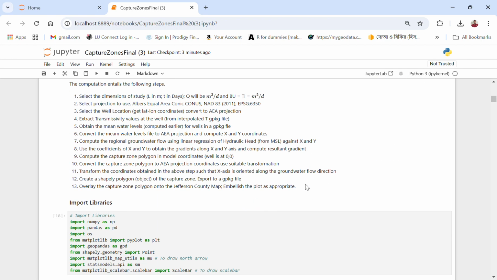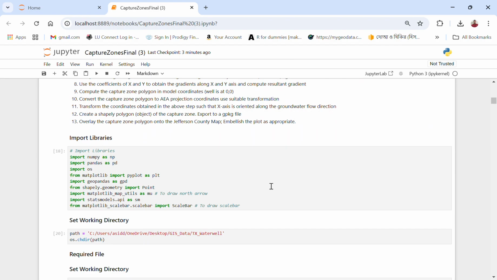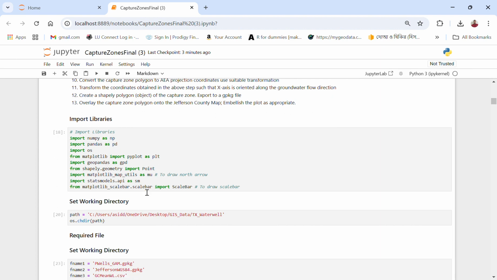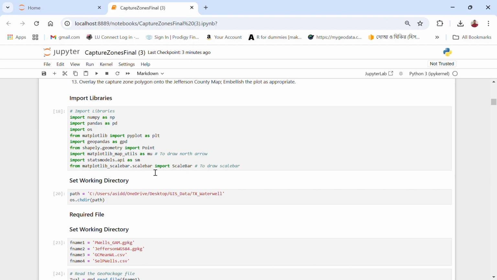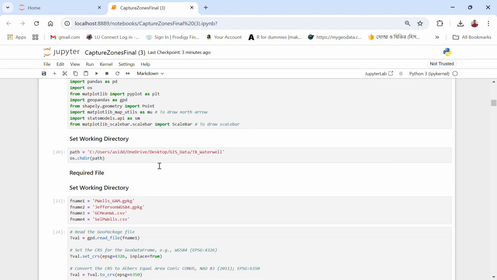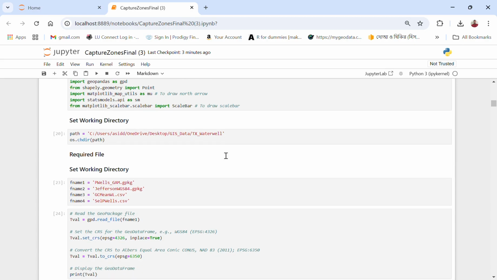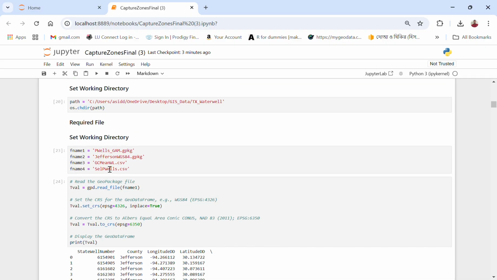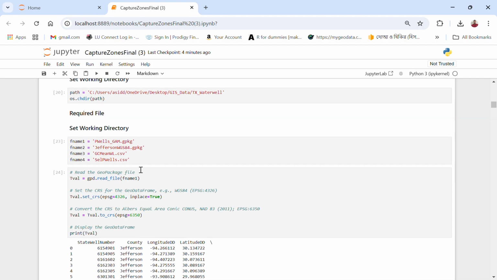First of all, we import some necessary libraries, that is numpy, pandas, and so on. At first we create the directory. My directory is already given here, and first we uploaded our previous file that was completed in our class.